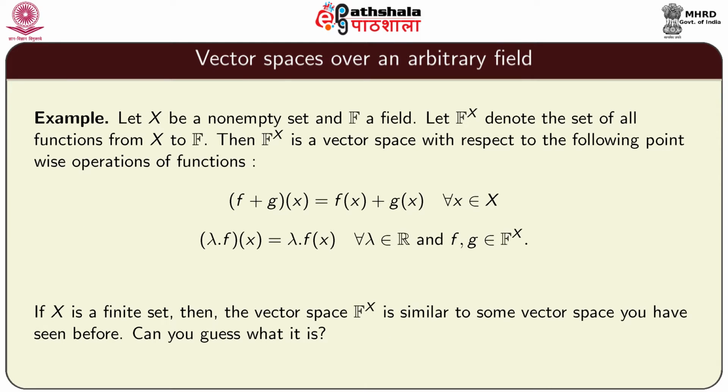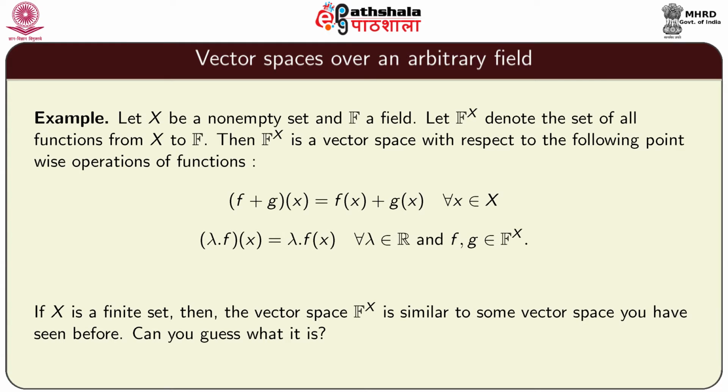Example, let us start with a non-empty set X and a field F. Let F to the power X denote the set of all functions from X to F. Again, we are trying to show that F to the power X is a vector space with respect to the following pointwise operations of functions. What are they?